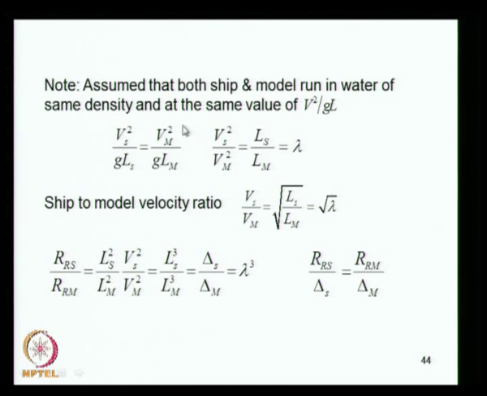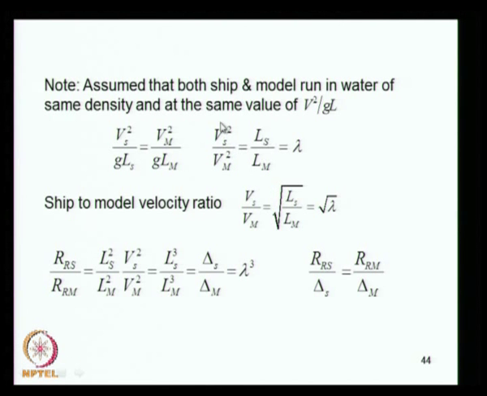From this relation, if we take the ratio Vs square by Vm square, it is equal to Ls by Lm, g being constant, and that is equal to lambda. This means the squares of the ship velocity and model velocity are related by lambda.